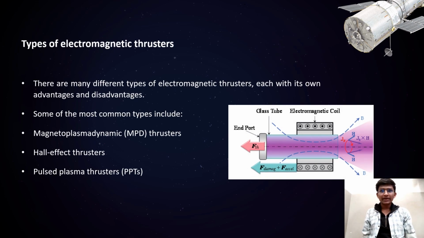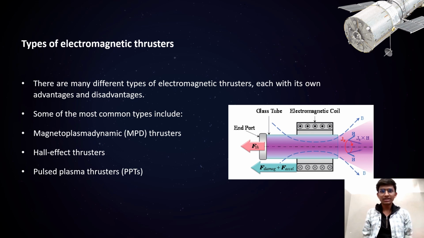Types of electromagnetic thrusters. There are many different types of electromagnetic thrusters, each with its own advantages and disadvantages. Some of the most common types include magnetoplasmadynamic (MPD) thrusters. MPD thrusters use a self-generated magnetic field to confine the plasma.